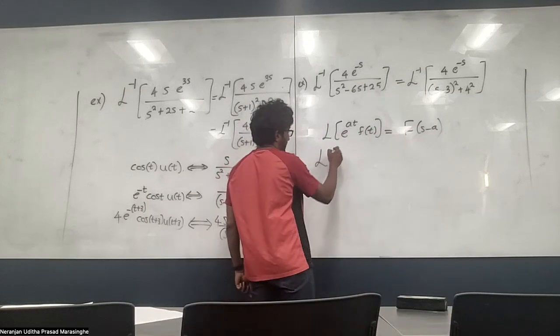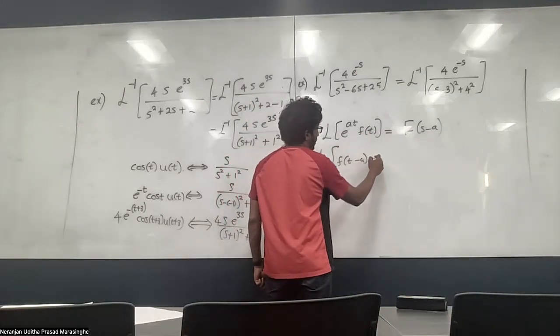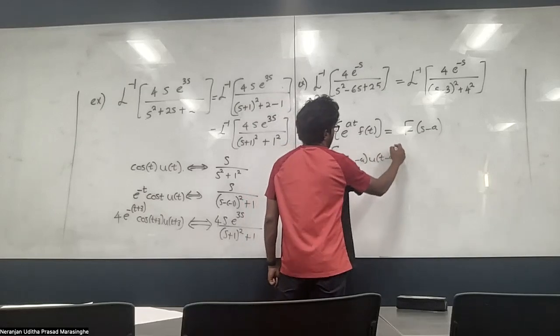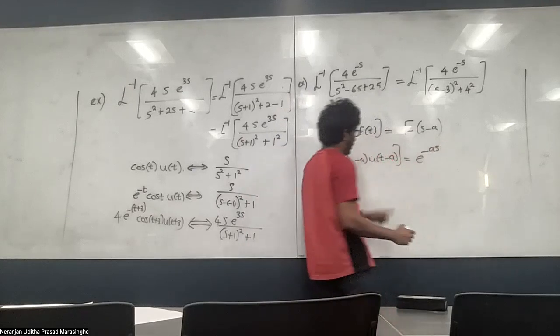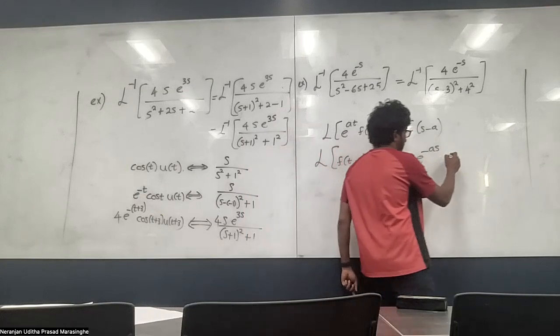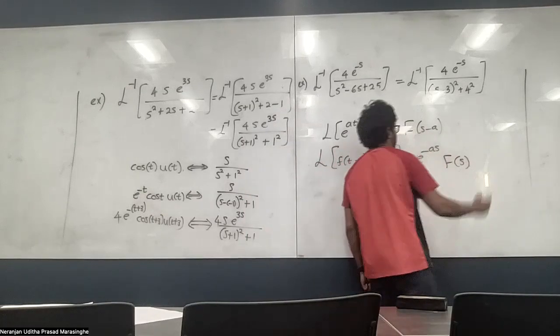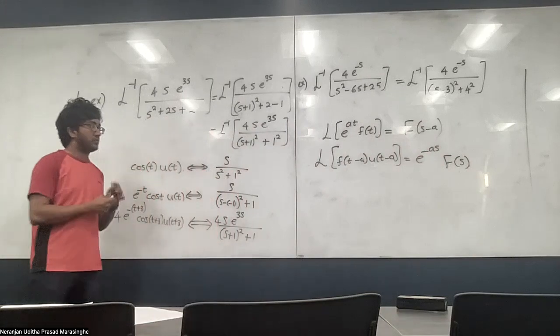But the second translation theorem would say f(t minus a) u(t minus a) is equal to e to the minus a s F(s). So if you have minus a, you would get minus a. Right? And reverse. Okay.